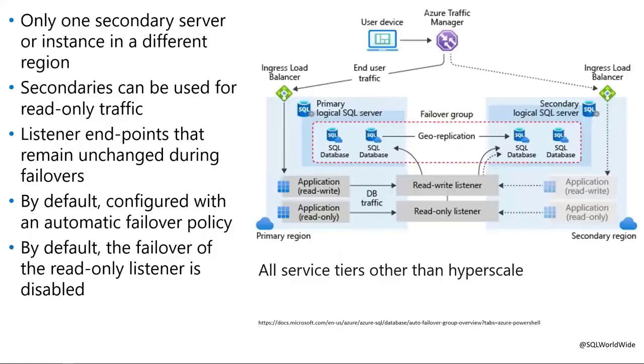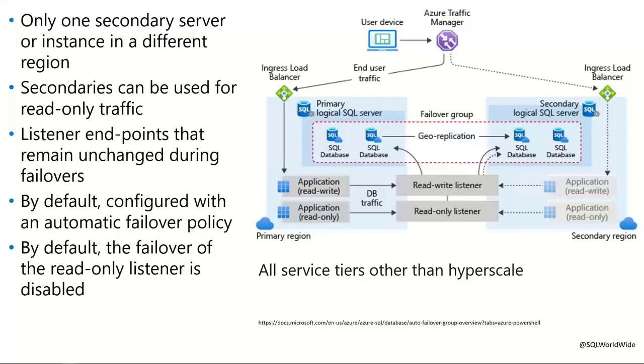And how does that work? You have two databases here in this picture in my primary logical SQL server, and I put them in a group. If I need to fail over, once I say fail over, both databases will fail over to the secondary.